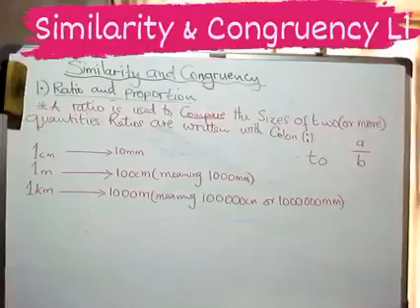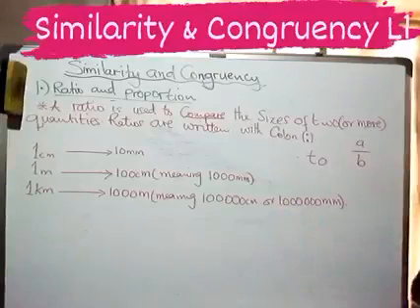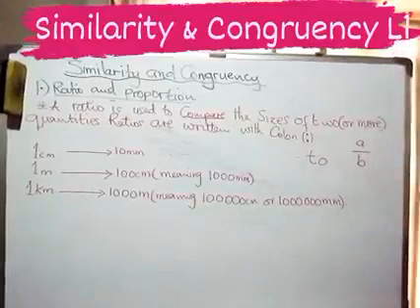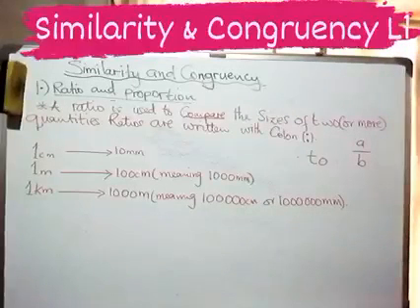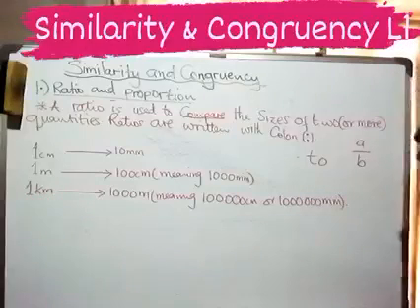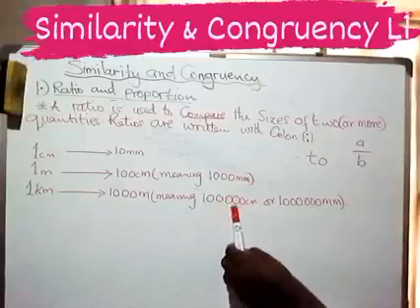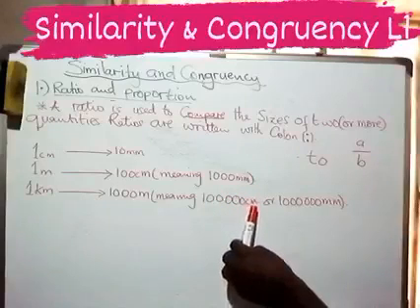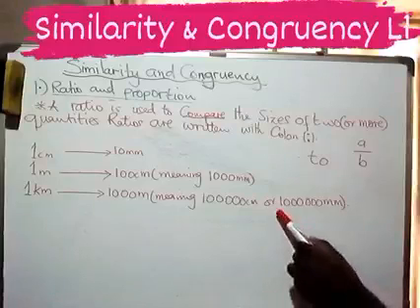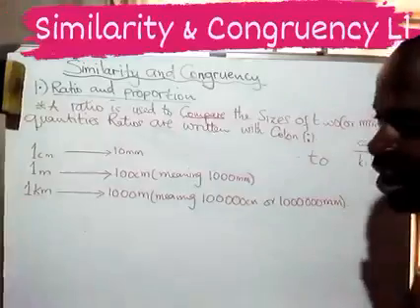Now, this can also mean that there are 1 million millimeters which form 1 kilometer. How? We have multiplied the 100,000 centimeters by 10 millimeters to form 1 million millimeters, which forms 1 kilometer.